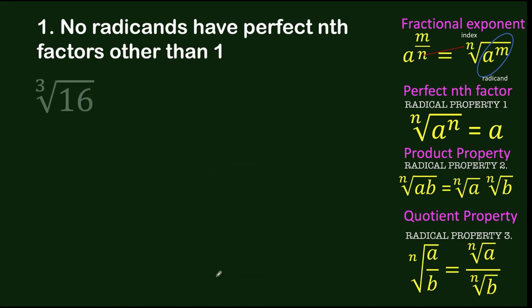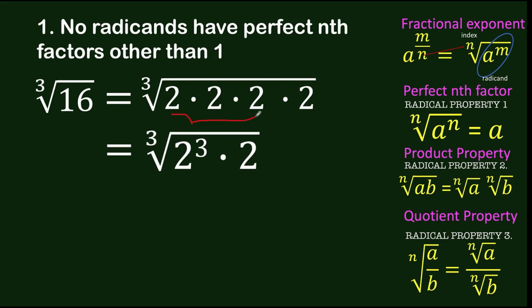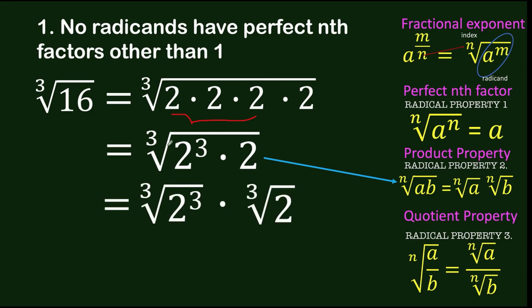Another example, let's say we have the cube root of 16. Again, we can write 16 as 2 times 2 times 2 times 2. Since the index here is 3, and there are 3 2's here, that can be written as 2 to the third times the remaining factor. Then, applying now the product property of radical, we can now write this as 2 factors: the cube root of 2 cubed times the cube root of 2.